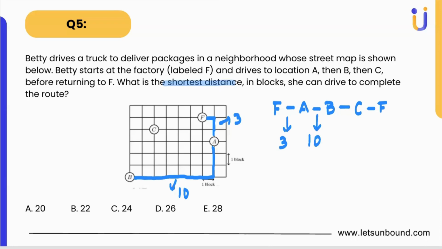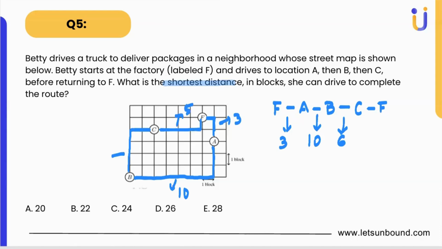Now similarly, if I want to travel from B to C, I will take the path along this, which is 4 blocks traveling vertically and then 2 blocks horizontally, which makes it 6 blocks in total. Again, to go from C to F, I can either follow a pattern like this or a pattern on top. The answer would still be the same, 4 plus 1, 5 blocks in total.